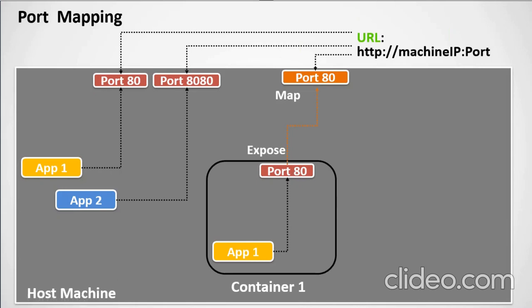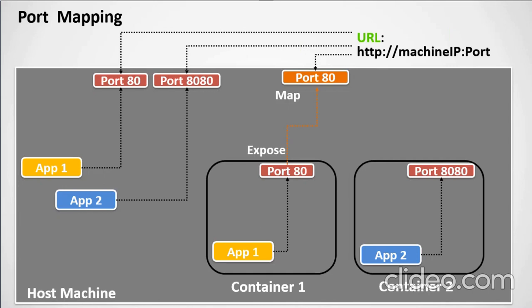So like this, if you have multiple containers, and for each container the application is running, then corresponding to it, you need to first expose it, and you need to find out what port is available on the host machine and map that.